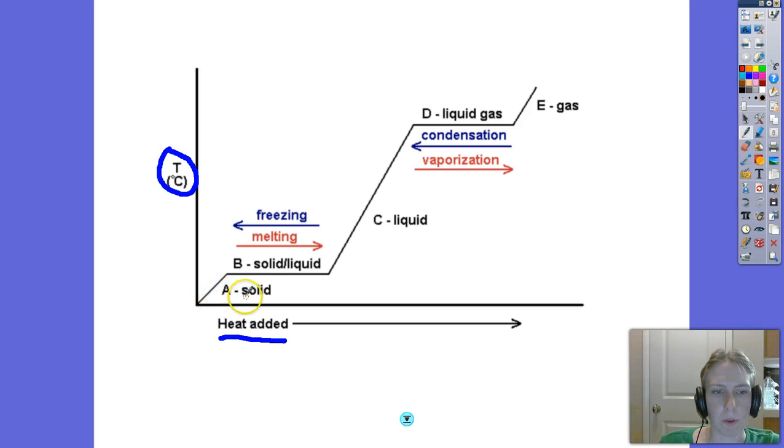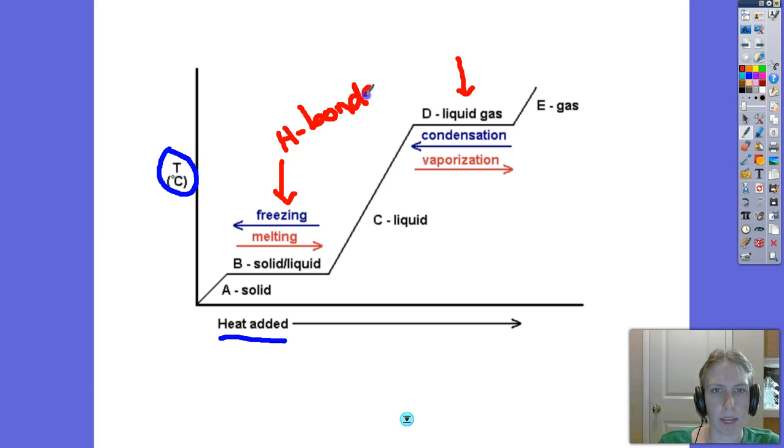Now, what you need to be aware of is that for the plateaus, we're putting in energy, but the temperature is not changing. It's because all that energy that we're putting in here and here is not increasing the temperature because we're taking that energy to break the hydrogen bonds. So we're breaking hydrogen bonds in the case of water.